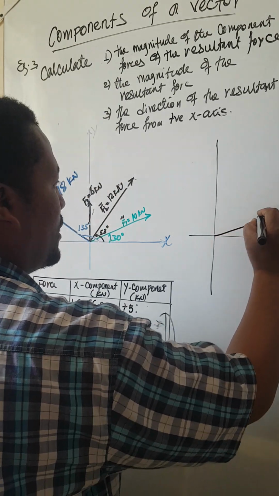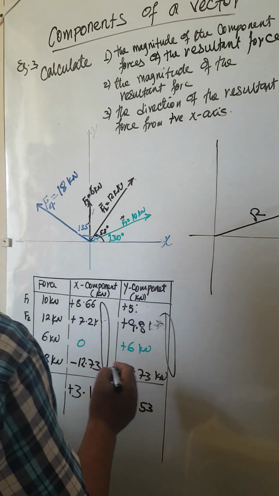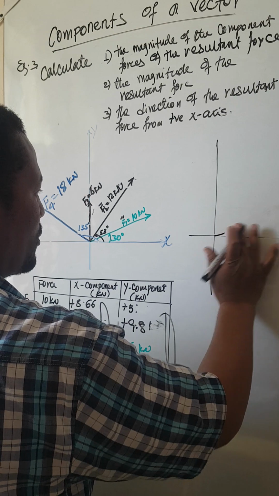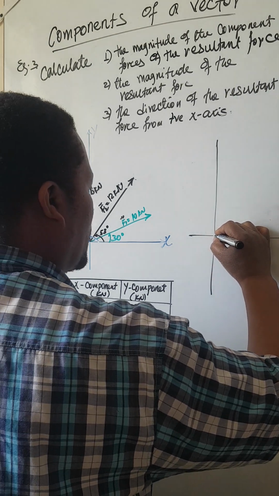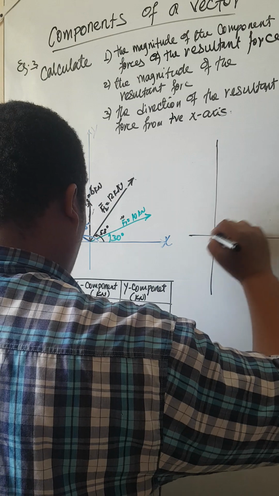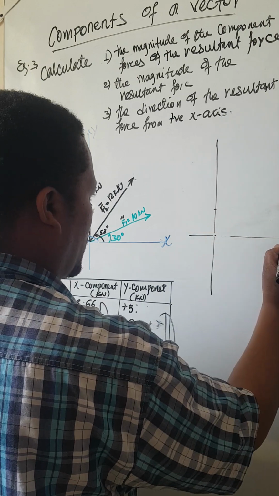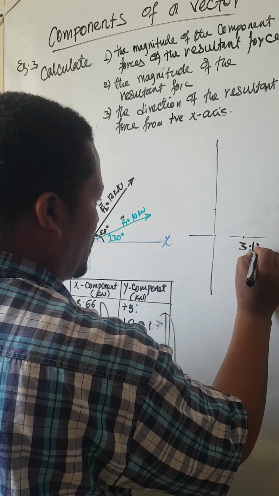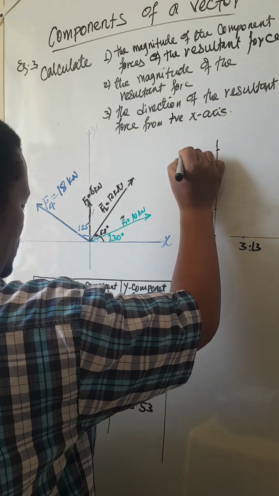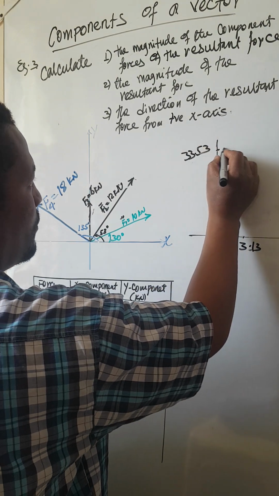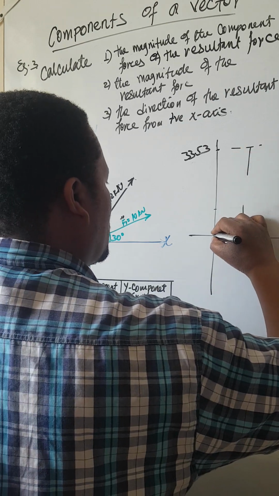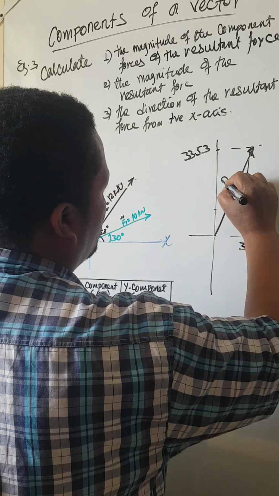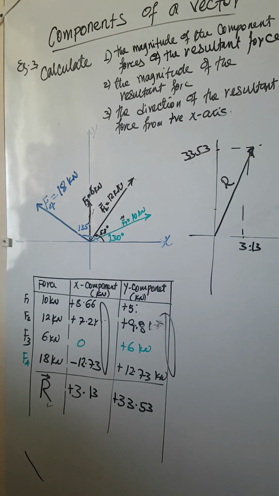R's x component is very short, and its y component is comparatively long. The x component is about 3.13, and the y component is 33.53. So this is the resultant vector.